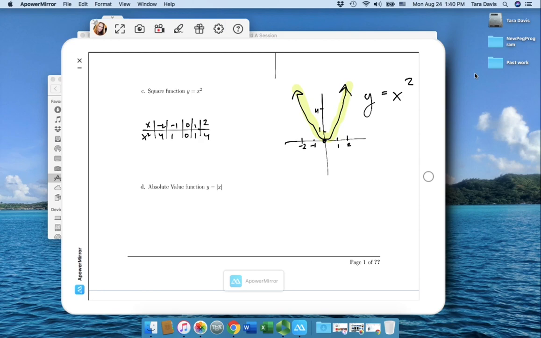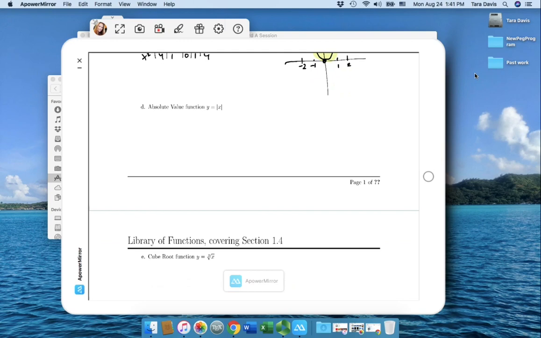Okay, and then the next one is the absolute value function. I know that we've gone through this in the last video, so I won't spend too much time on plotting the points, and you can always pause the video and do the work, double check for yourself.